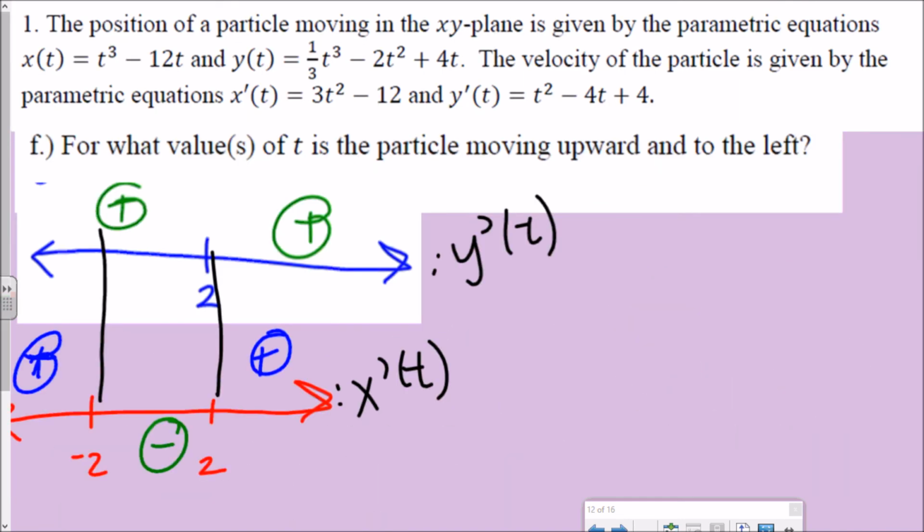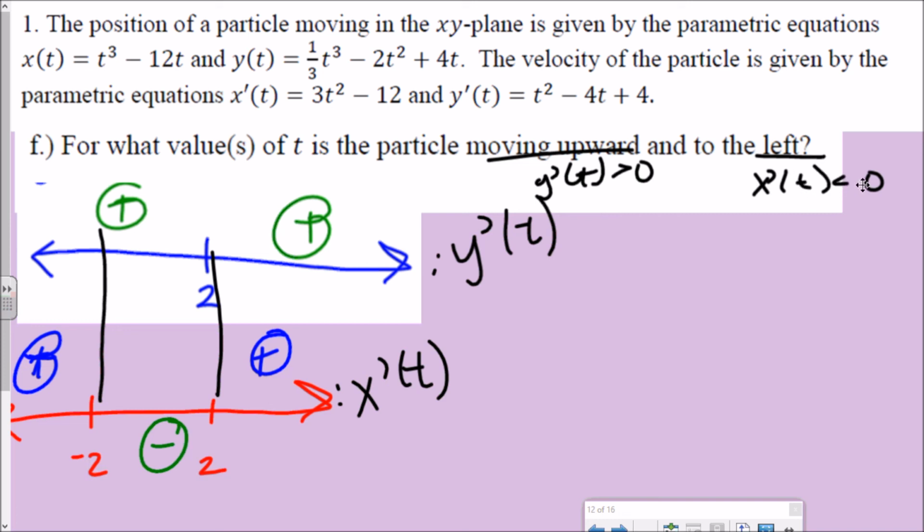It says, for what values of t is the particle moving upward and to the left? So that means our y prime of t is greater than 0, and our x prime of t is less than 0. Again, because it's moving in a positive direction up and down and moving in a negative direction left and right.